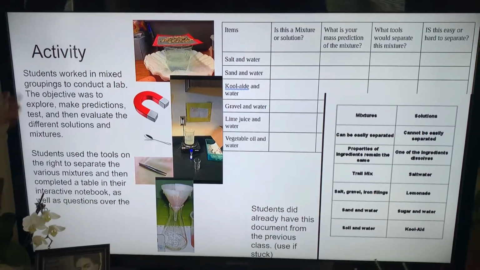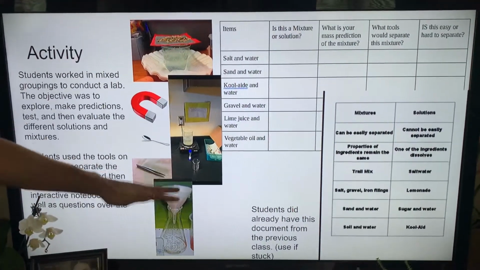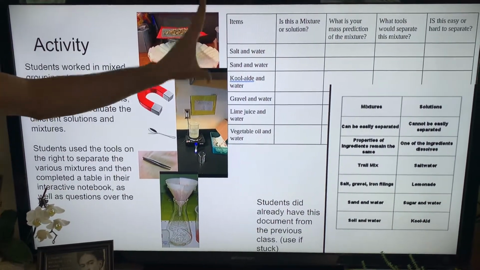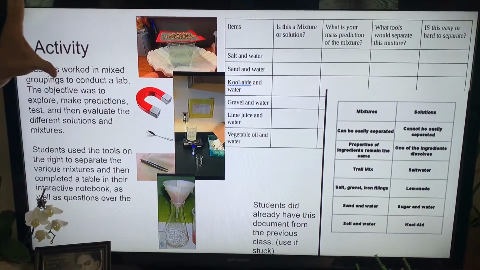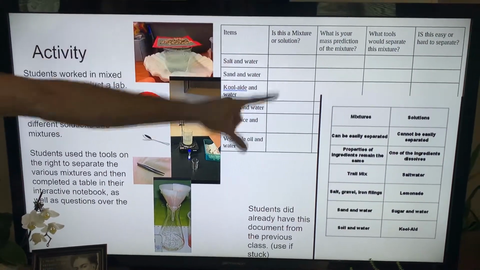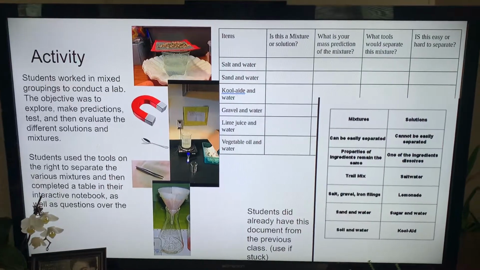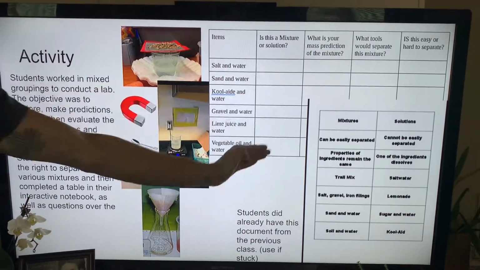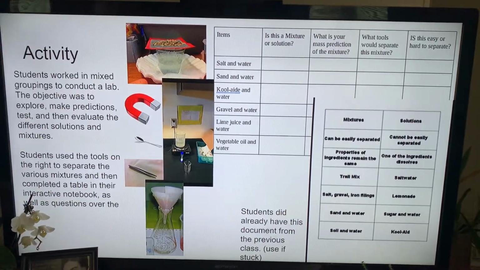So this is the activity. Students were given these various tools. They had already made student journal entries that looked just like this, so they just pasted into their journal and filled out the table as they went through their lab.